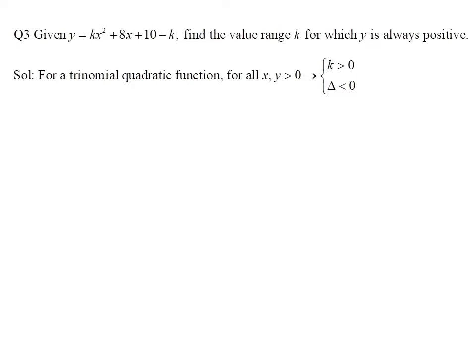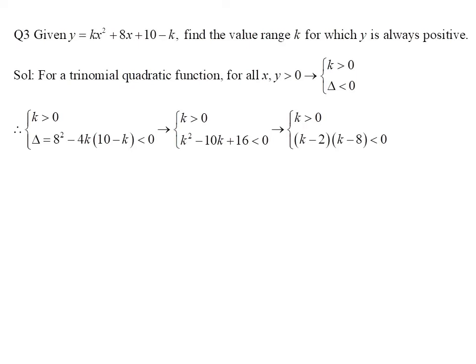Based on that, two simultaneous inequalities are established as displayed on the screen. After factorizing the discriminant, expressed as a trinomial quadratic in terms of k, we obtain the value range of k, which is between 2 and 8.